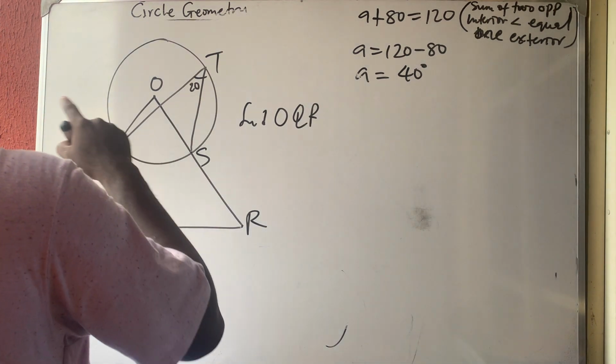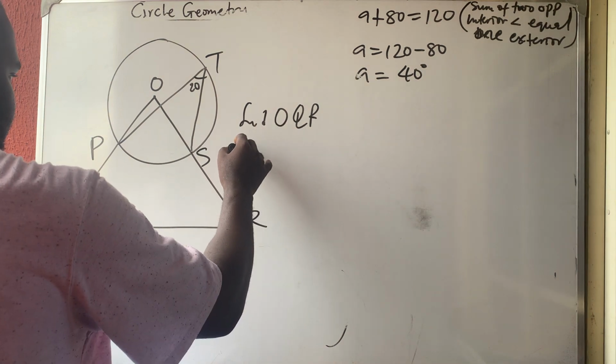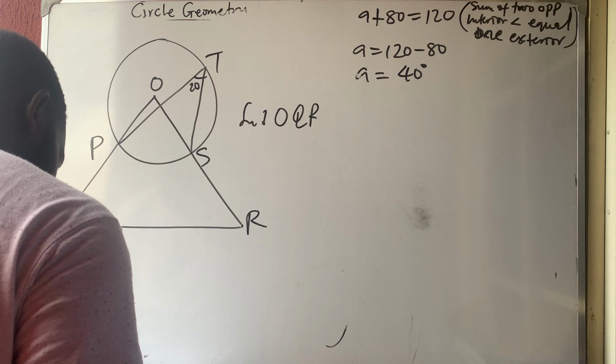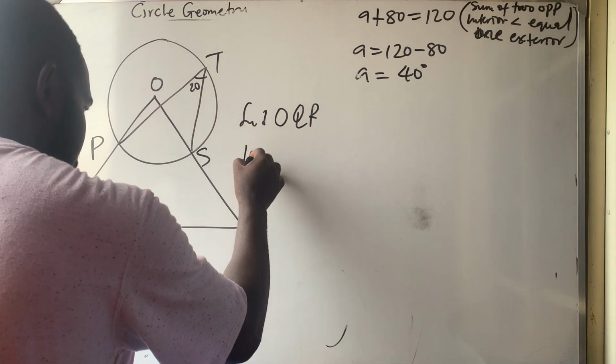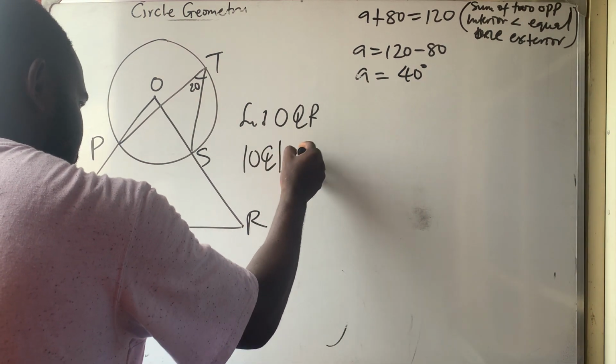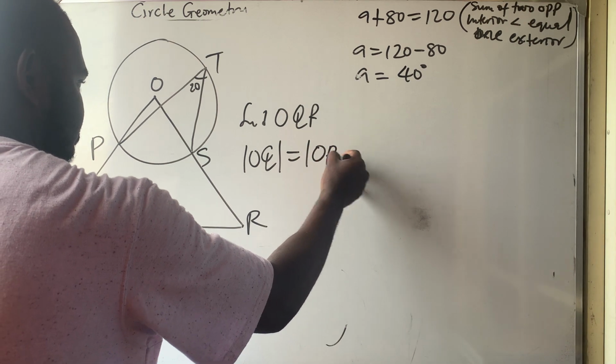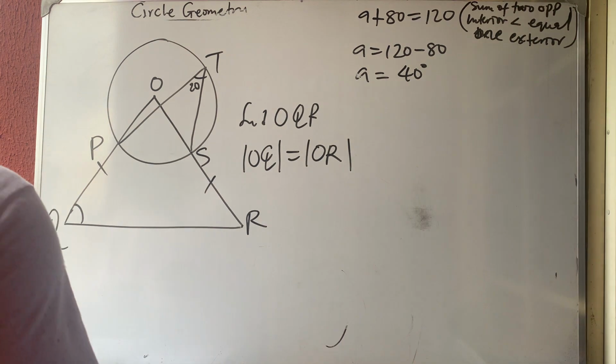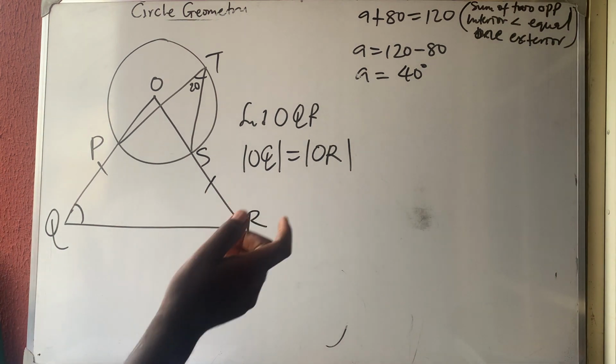They told us that in the diagram, line OQ is equal to line OR. So let me mark them. They are equal. So this is very simple.